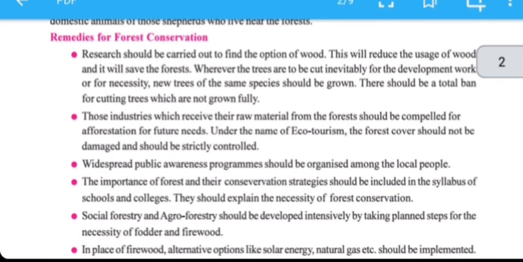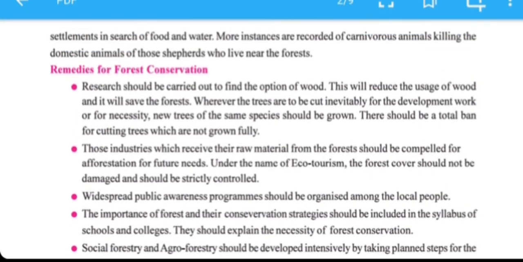Wherever there is development work, for example if a multi-purpose project has to be started, or roads and railways have to be constructed, it is necessary to cut the trees there. At that time, the same species of trees should be grown somewhere else.